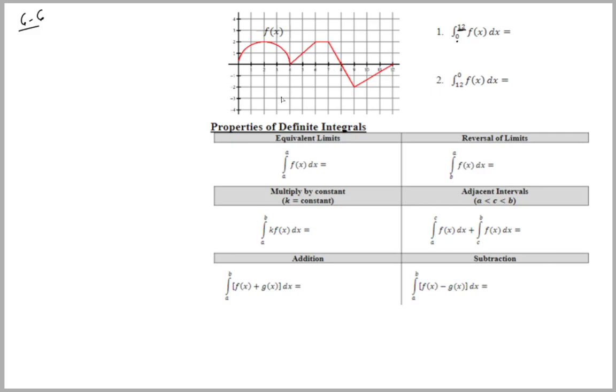So we start at 0, and from 0 to here, this would be 2 pi. From here to 12, this would be 5.